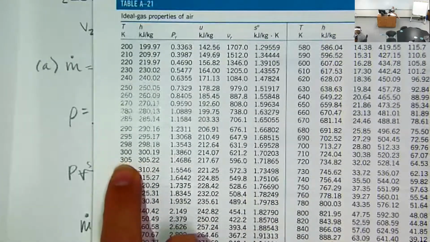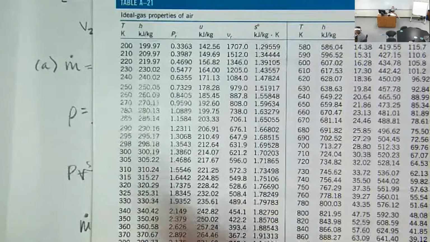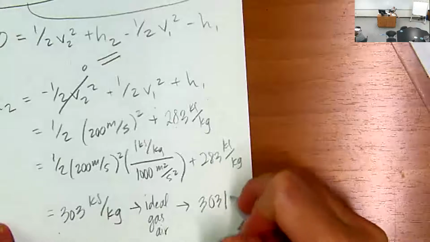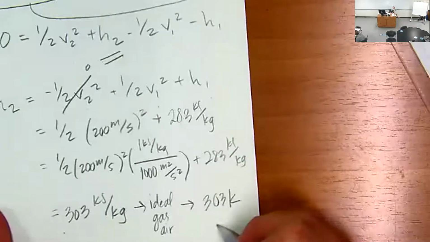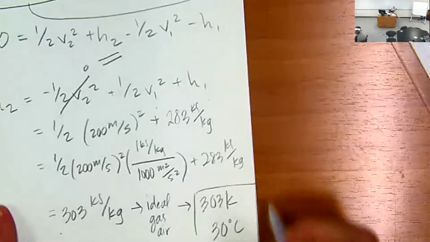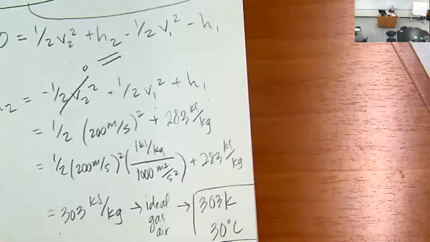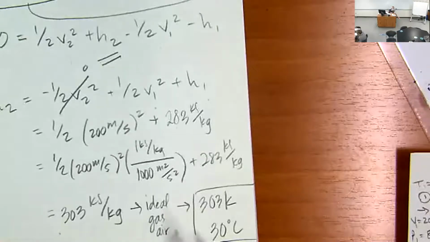I'm going to be about 303 Kelvin. So the answer, 303 Kelvin, which is roughly 30 degrees Celsius. So that's our temperature at T2. I don't expect you to memorize this. I would give you this on an exam if you need it.